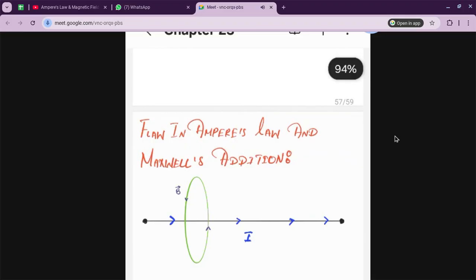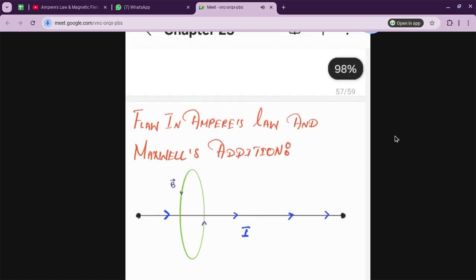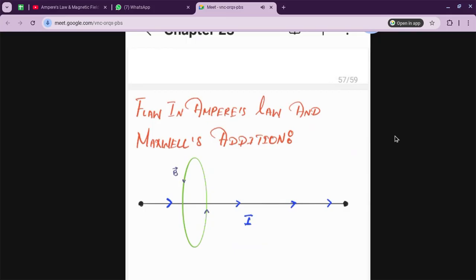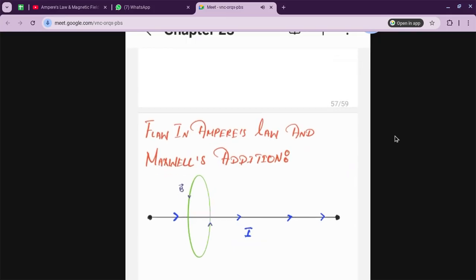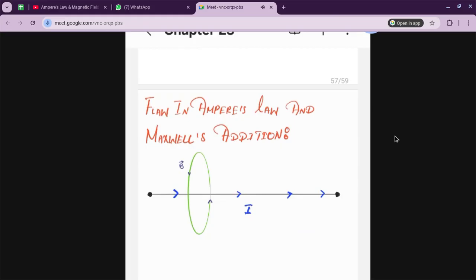Now this is a simple task, and we have seen this that by applying an Amperian loop around the conductor, we can find the magnetic field. So I should write like this.